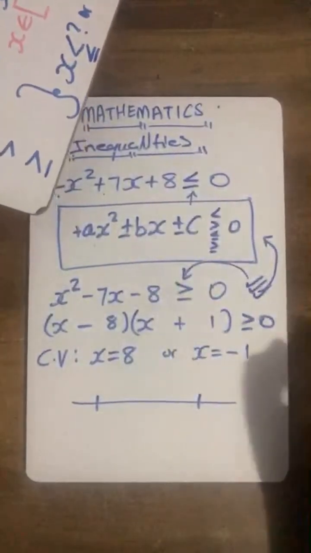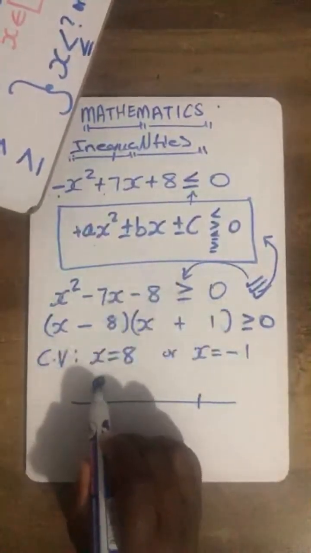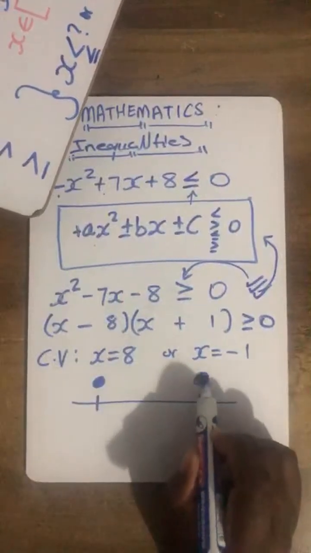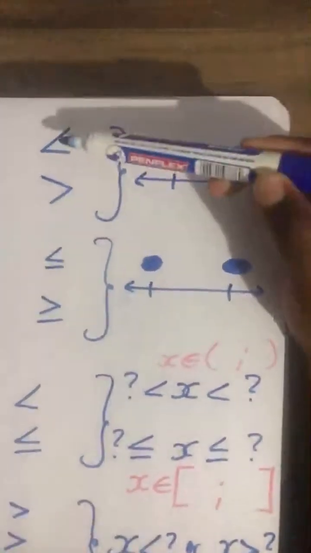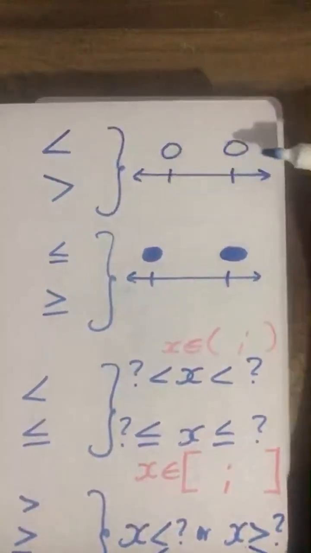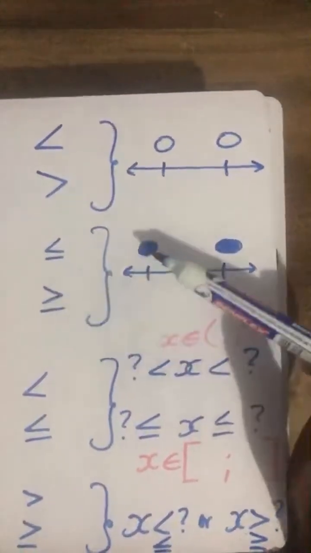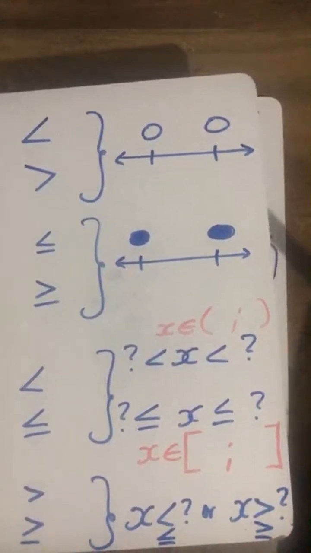Most importantly, it's a greater than or equal to, meaning you are going to have a circle that is shaded, which is explained by that part. So if you had less than, it was just going to be a circle. If you had greater than, it was just going to be a circle which is not shaded. Now, because it is greater than or equal to, the circle is shaded. Done with the first part.